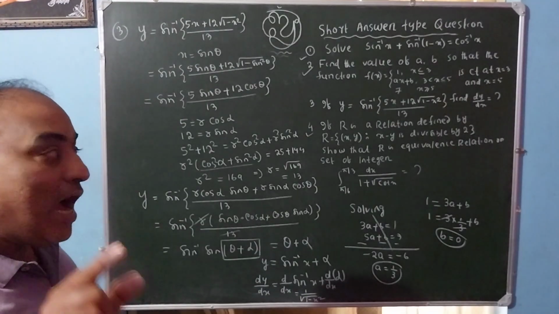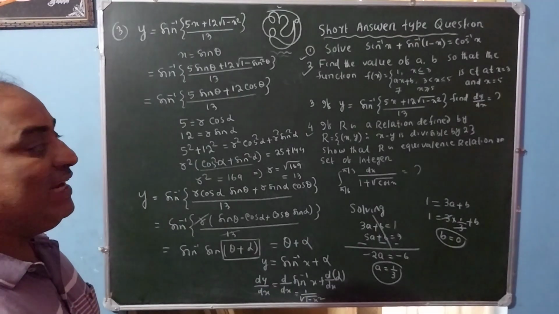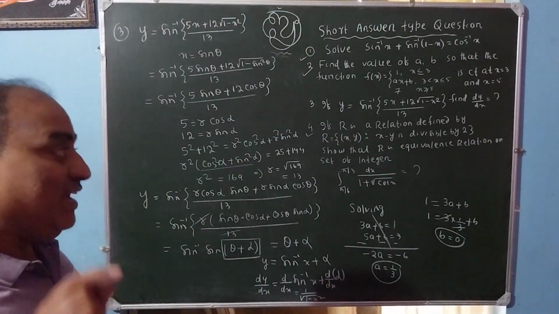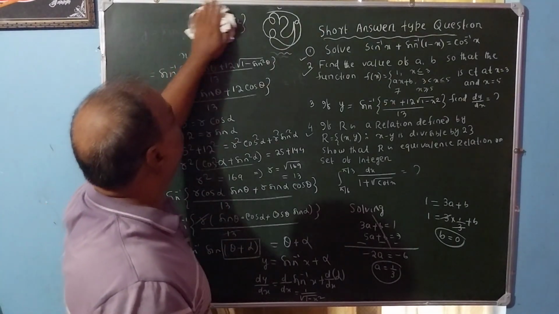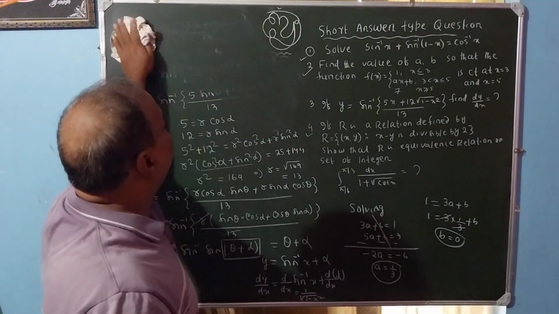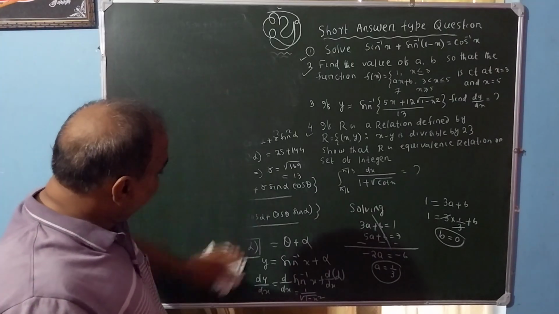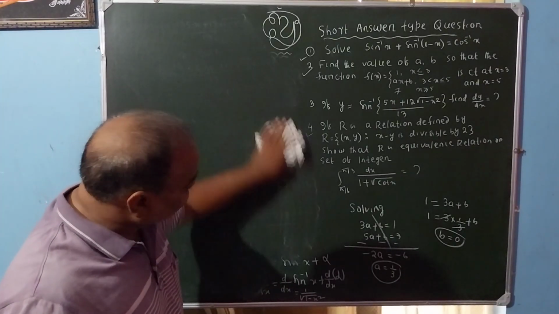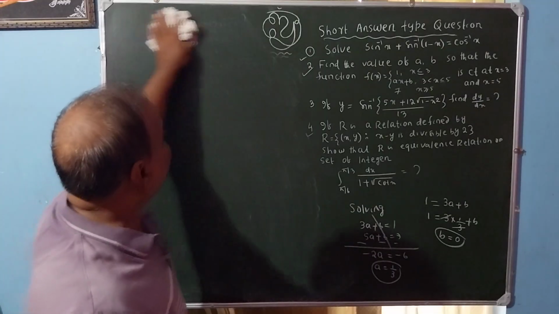A relation R on set A is said to be an equivalence relation if it is reflexive, symmetric as well as transitive. So if we check that it is reflexive, symmetric and transitive, then it is an equivalence relation.